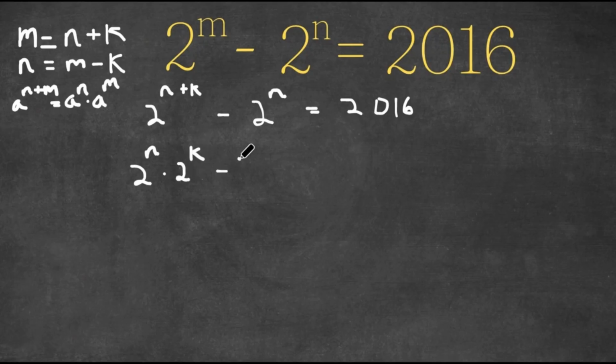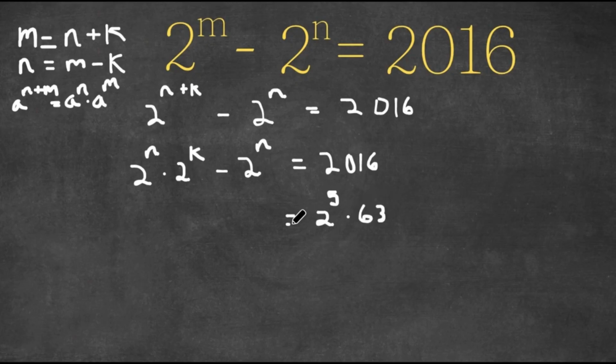And we are still subtracting 2 to the power of n, and this is equal to 2016. So now I'm going to rewrite 2016 as 2 to the power of 5 times 63.